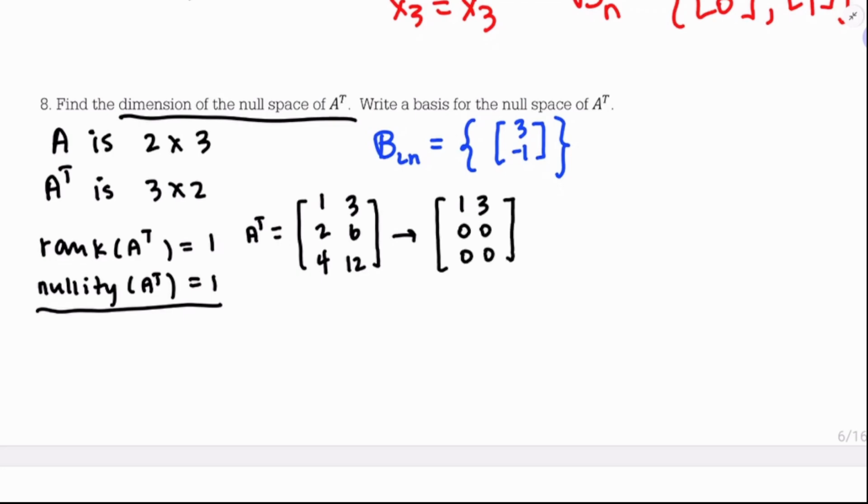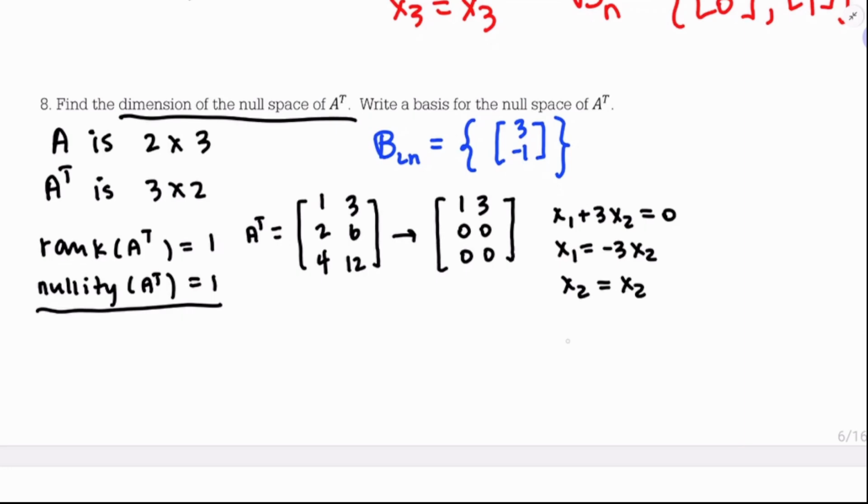So if we were interested in the solutions to A transpose times x equals 0, we'd be looking for situations where x1 plus 3x2 was equal to 0. It's where x1 is equal to -3 of x2, and x2 can be whatever it wants.